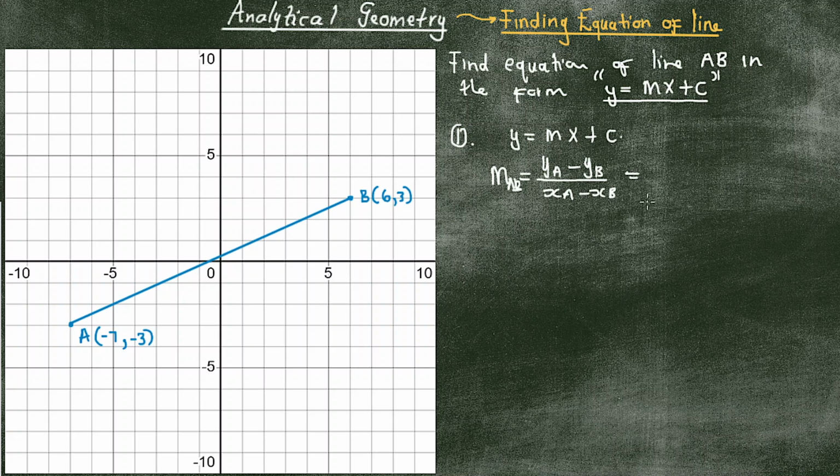This is equal to, where's ya? ya is minus 3, minus, where's yb? yb is 3, over xa which is negative 7, minus xb which is 6. That's negative 6 over minus 7 minus 6, isn't it negative 13? It should be.